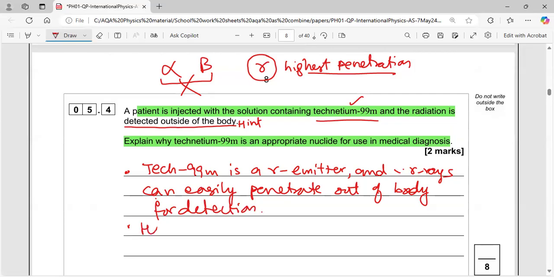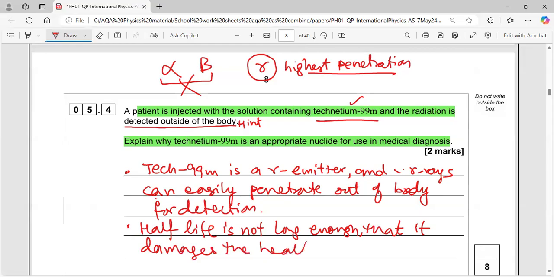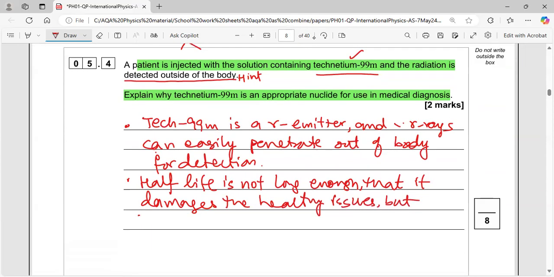And second thing, we can write that the half-life is not long enough that it damages the healthy tissues, but fairly high to be detected in a good time.